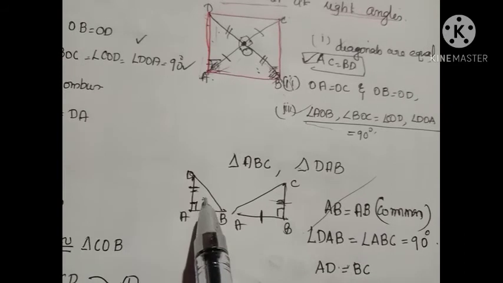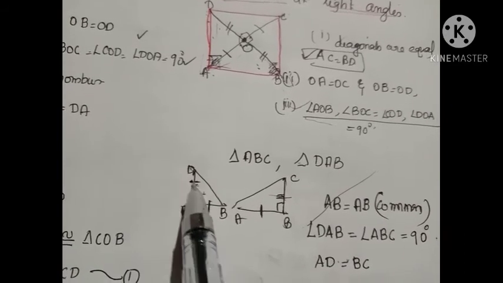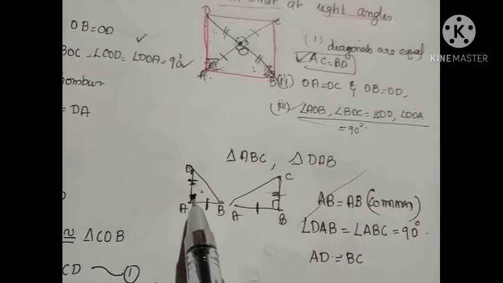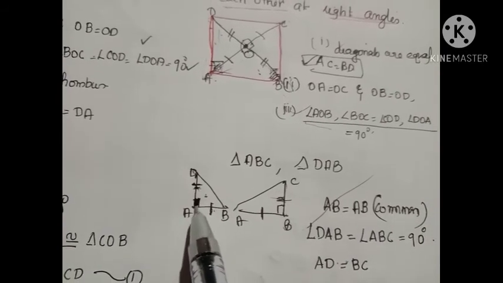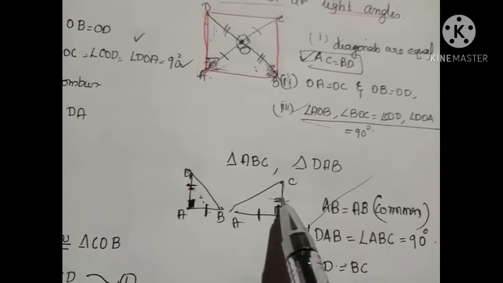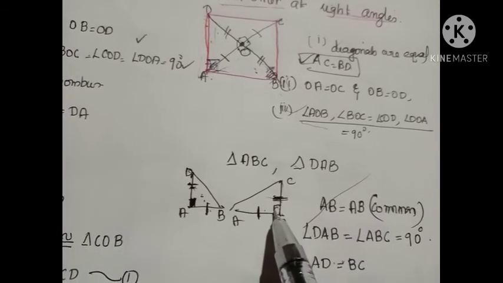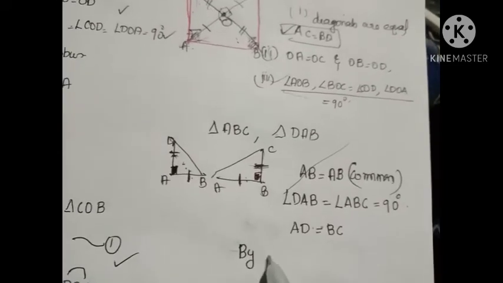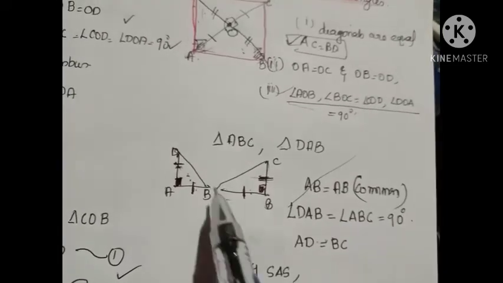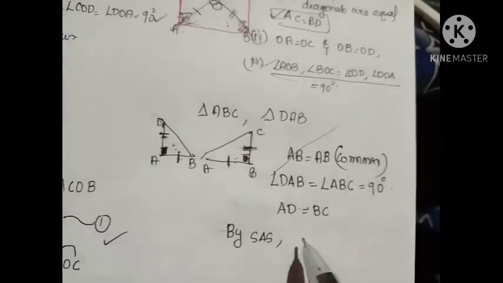Let us take this triangle only. We selected these two sides and included angle, isn't it? So two sides and included angle of one triangle are equal to two sides and included angle of another triangle. Then by SAS congruence rule, these two triangles are congruent to each other.